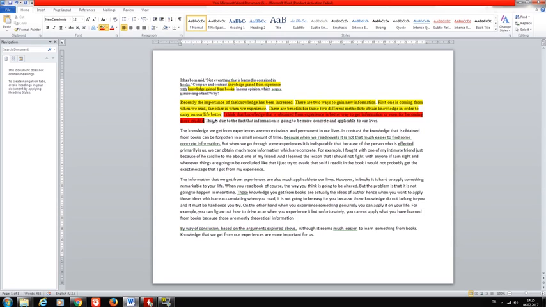Of course, our main topic is knowledge that is obtained from experience, but now I need to explain it, and that is explained in the next sentence: this is due to the fact that information is going to be more concrete and applicable to our lives. So the reasons are given here. I want to highlight that part, because the information is going to be more concrete and applicable.